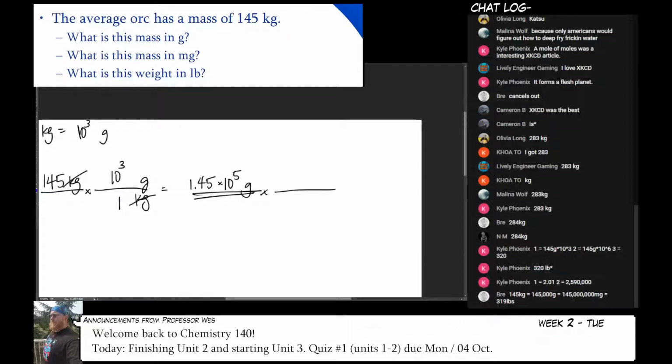I also know that there are 10 to the minus 3 grams in a milligram, according to our table from earlier on in Unit 3. I'll set up the units so that they cancel out. And then I'll put in the numbers. 1 milligram, 10 to the minus 3 grams.